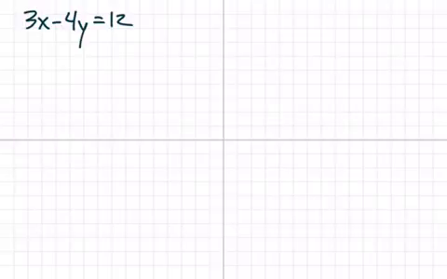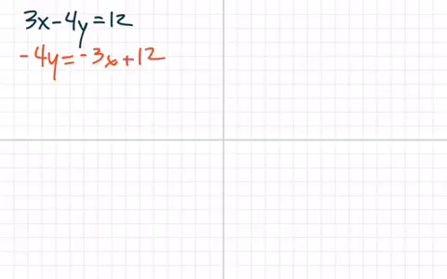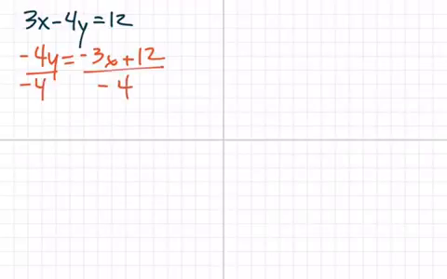Okay, so what is the first step here? What do I need to do first? Julia? Okay. All right, so we're going to subtract first, and we'll get negative 3x plus 12. Then of course we're going to divide by negative 4. Now we have negative 3x over negative 4.